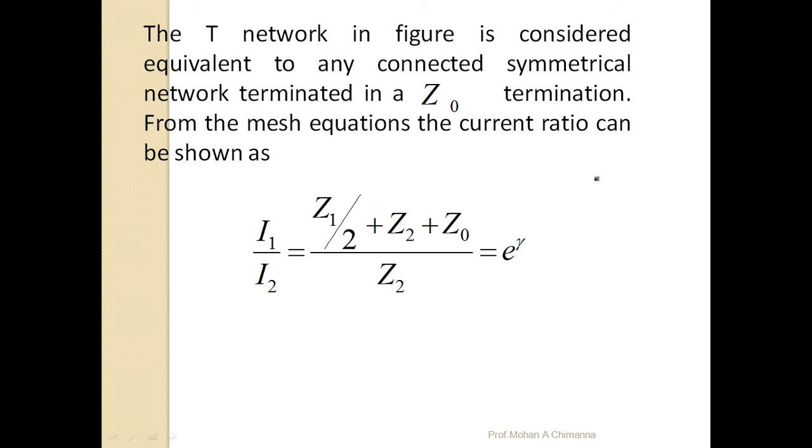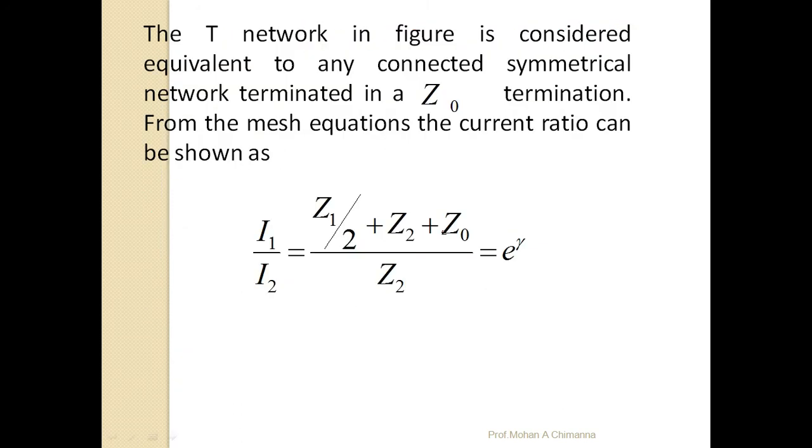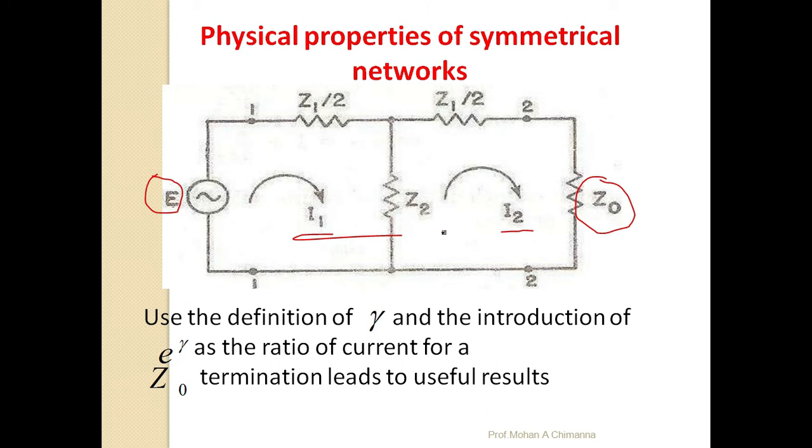So for the T network, the figure considered equivalent to any connected symmetrical network, we take the ratio I1 upon I2. Then I1 is the current flowing through Z1 by 2 plus Z2 plus Z0, the current flowing through the network, and I2 is the current flowing through Z2.